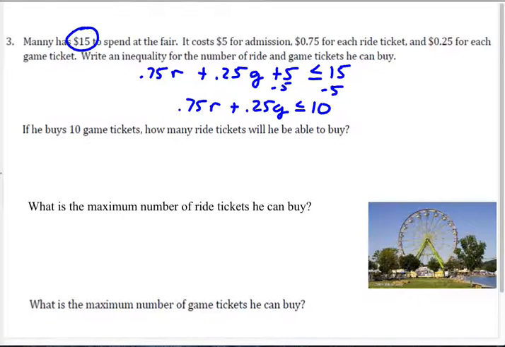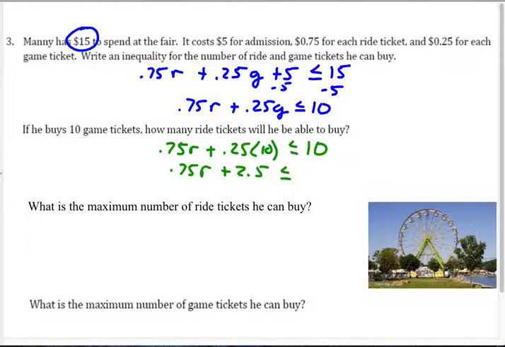If he buys 10 game tickets, how many ride tickets will he be able to buy? 10 game tickets. So that's 0.75r plus 0.25 times 10 is less than or equal to 10. So 0.75r, 10 times 0.25 is 2.5. Just move your decimal place one place.